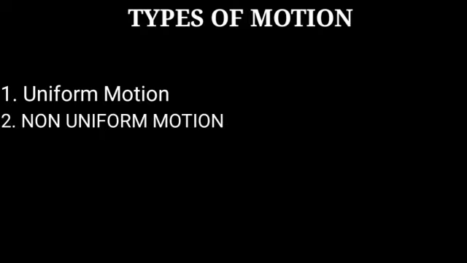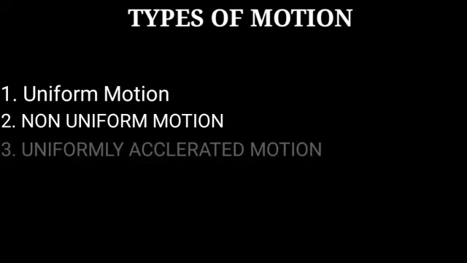Now, within this non-uniform category, there is a special and very important type. Imagine you're pressing the accelerator of your car down by the same amount consistently. Your speed is increasing and it's increasing at a steady rate. This means your velocity is changing, but it's changing in a uniform way. This is called uniformly accelerated motion.